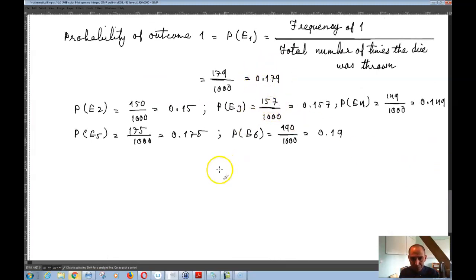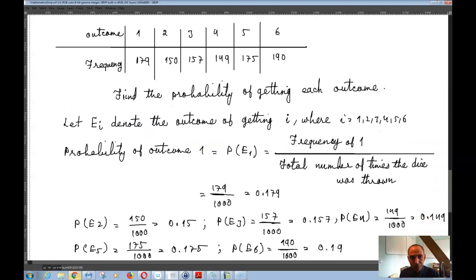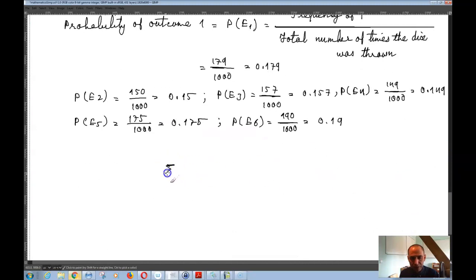So if sigma f of I is equal to 1,000, and each f of I is divided by 1,000, then sigma f of I divided by 1,000, as I goes from 1 to 6, would be f of 1 divided by 1,000 plus f of 2 divided by 1,000, and so on.